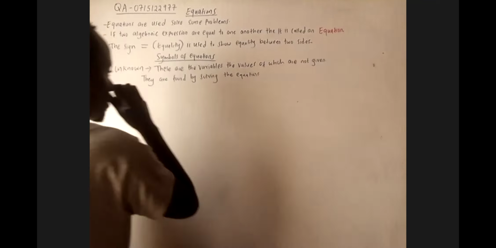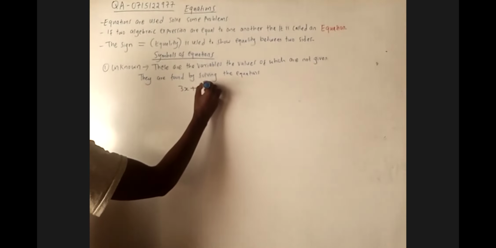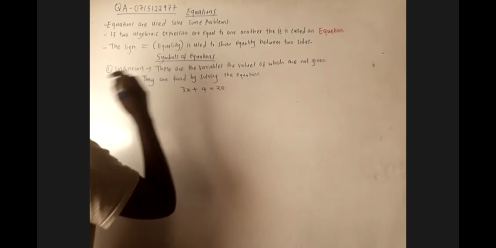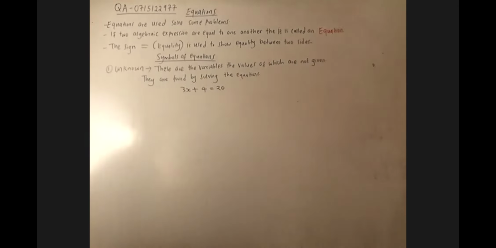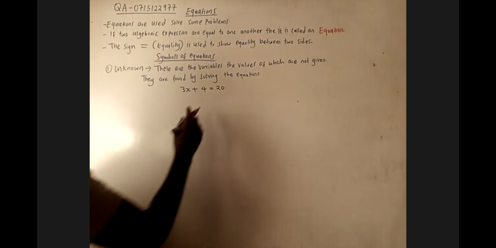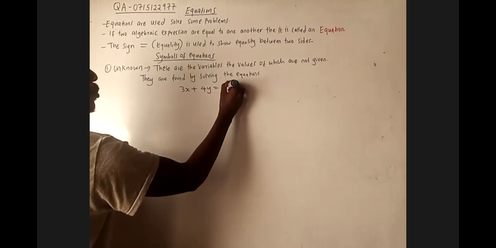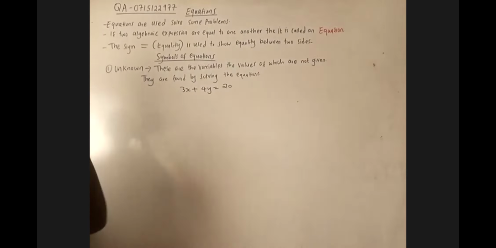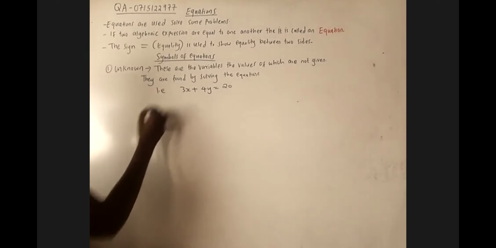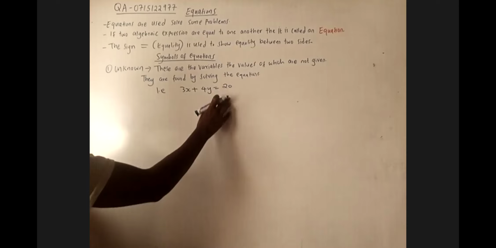Examples of the unknown values. For example, 3x plus 4 is equal to 20. Here x is not given, so we don't know the value of x. Let's say 3x plus 4y is equal to 20. A good example of unknown values is 3x plus 4y equals 20.